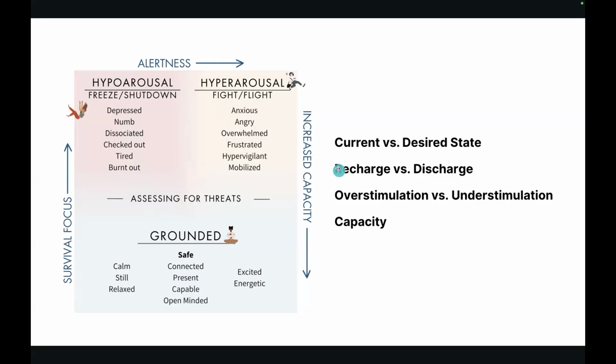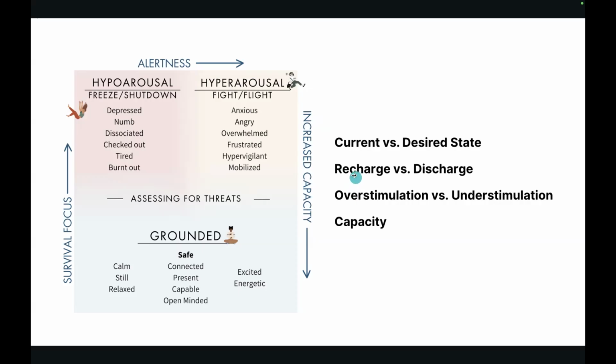I get it. Then we want to look at recharge versus discharge. So if somebody's saying, I am anxious and I want to be grounded, well, what do they need to get from here to here? So really, we just want to use our senses as a tool. Do I need some more alerting input to get me engaged and get me into something like a movement activity where now I can discharge some of that excess energy I have?